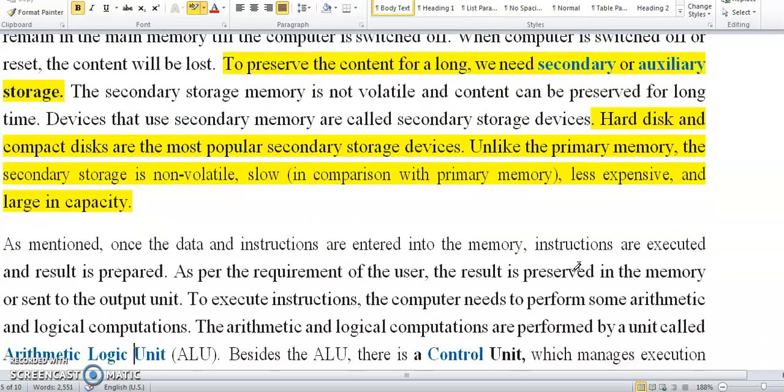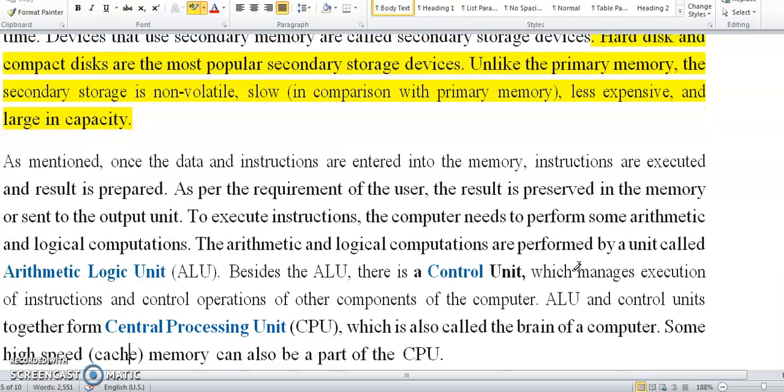I hope you are clear what primary memory and secondary memory are. Primary memory is required to run our computer and store data temporarily, and secondary memory is used to store our data for any future purpose.